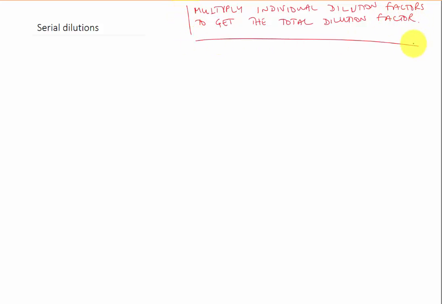So the general key here is to multiply the individual dilution factors to get the total dilution factor. I'm going to show you with the help of an example.